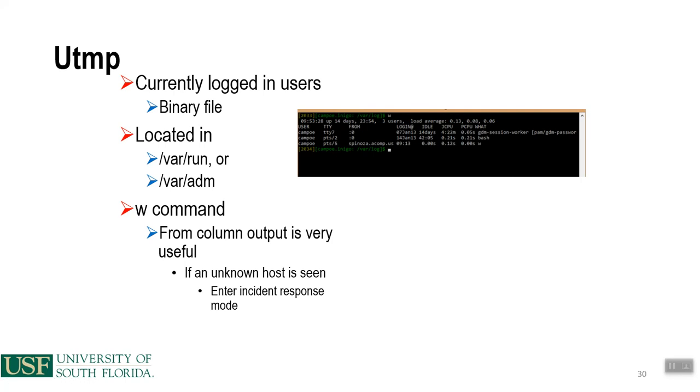UTMP are the currently logged in users. It's a binary file. It's located in the var/run or the var/admin file. And the W command from the column is very useful because if an unknown host is seen, you can enter incident response mode. So if you see an unknown host or unknown IP address or unknown user, you can start to go in and do some incident response.